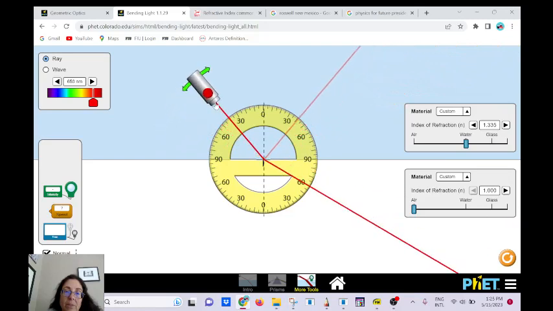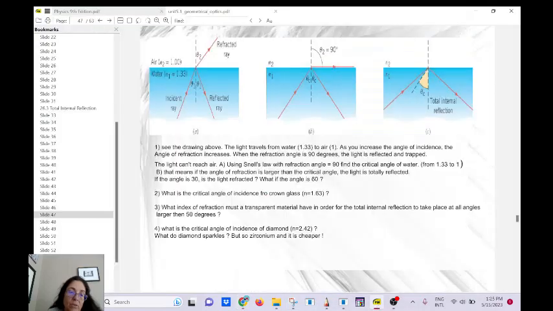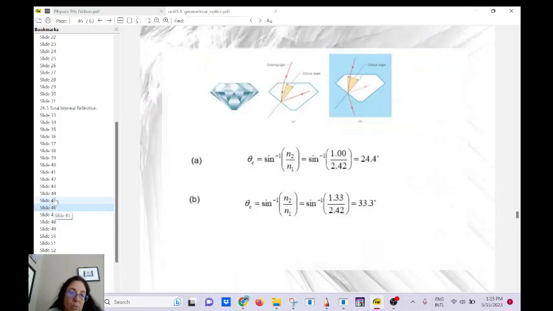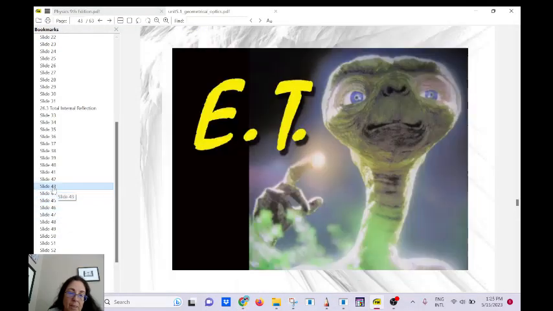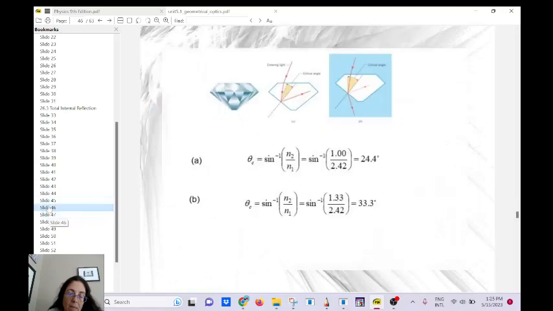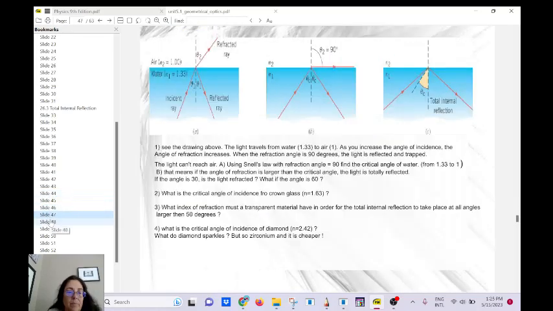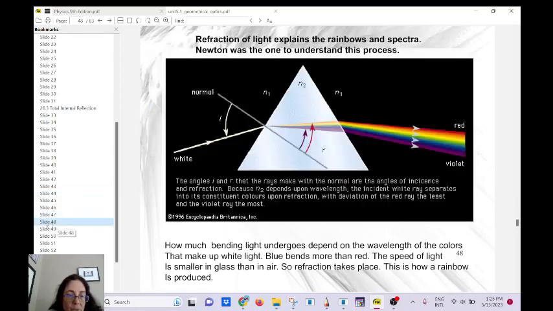At 30 you escape, at 40 you escape, at 45, boom. So it's about 49 degrees.